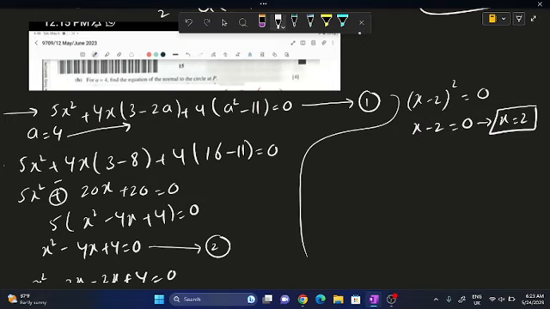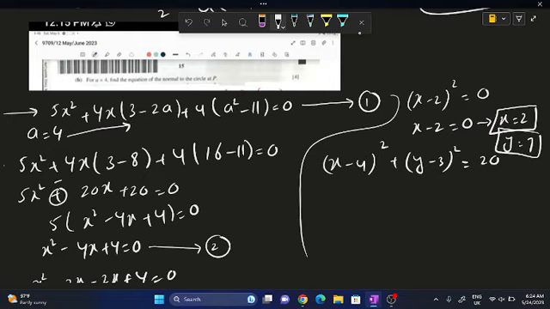You can find the value of y by plugging x equals 2 in the main equation, x minus 4 whole square plus y minus 3 whole square, which is equal to 20. So whenever you put x equals 2 in the main equation, then you have y equals 7. You can check, it's a single step process.